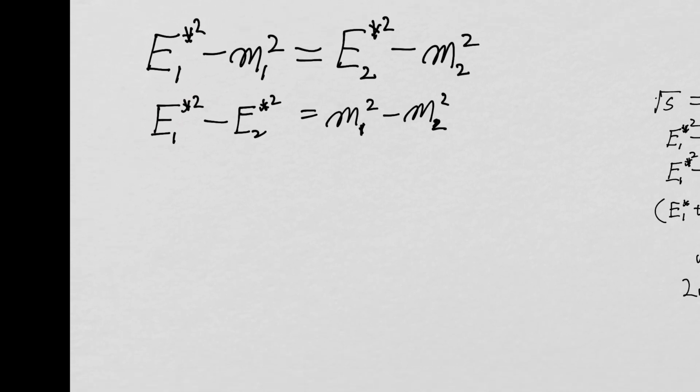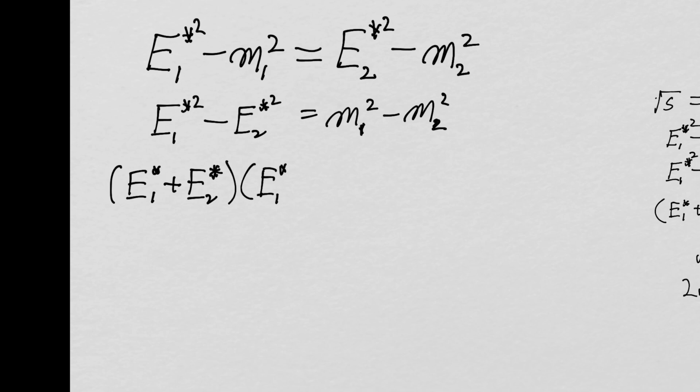And our next step will be to factor the left-hand side. So I get E1 star plus E2 star, and then E1 star minus E2 star equals M1 squared minus M2 squared.